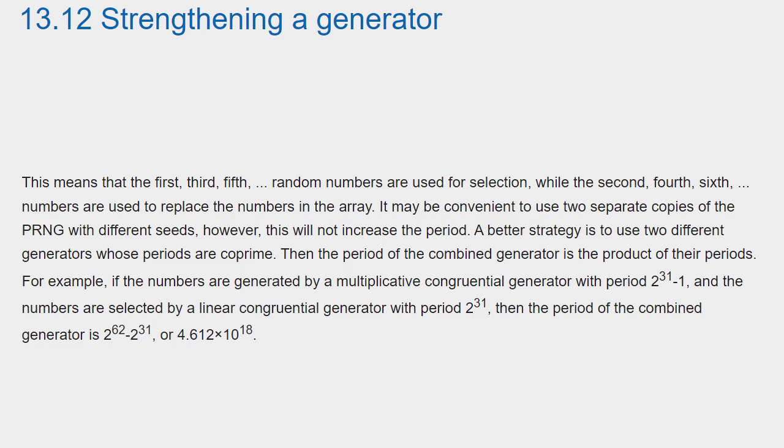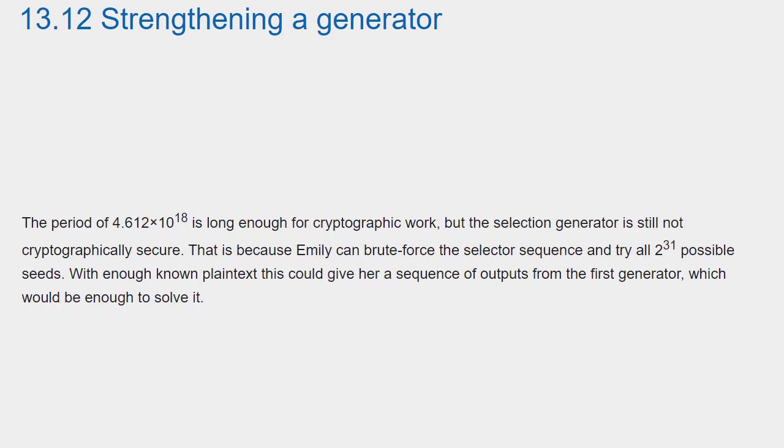For example, if the numbers are generated by a multiplicative congruential generator with period 2 to the power 31 minus 1, and the numbers are selected by a linear congruential generator with period 2 to the power 31, then the period of the combined generator is 2 to the power 62 minus 2 to the power 31, or 4.612 times 10 to the power 18.